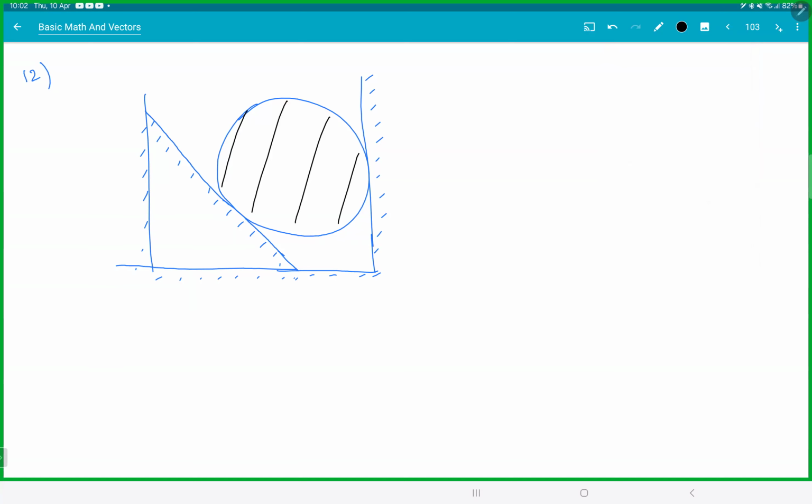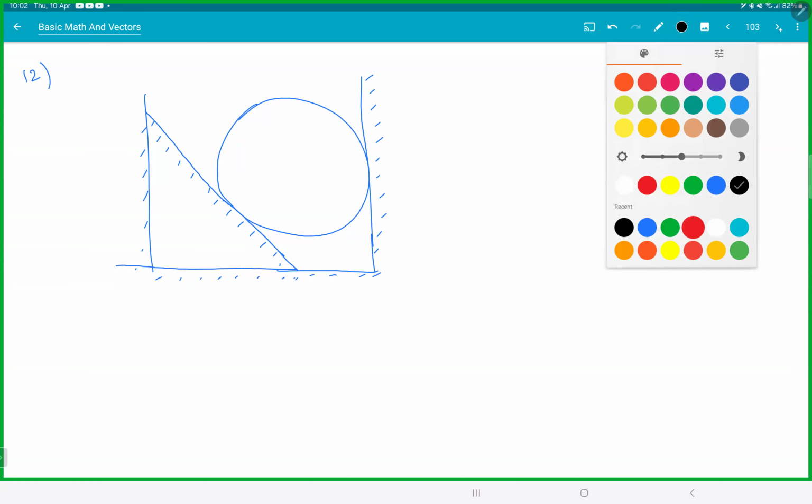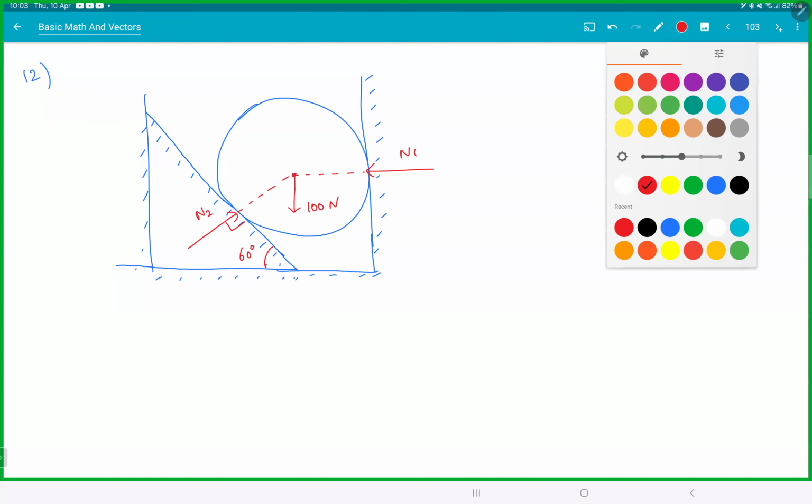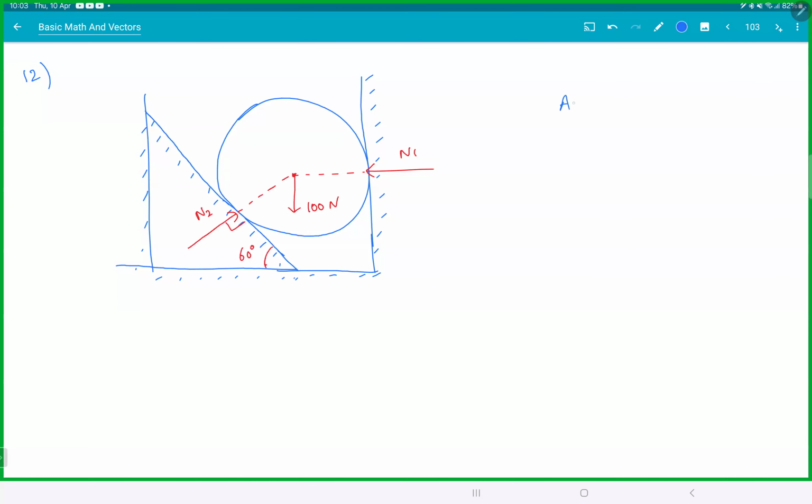So this ball here got stuck between these two things. This wall is pushing with, let's say, N1. And this incline is pushing with N2. This is 90 degrees. And let's say this angle is 60 degrees. And the weight of this thing is, let's say, 100 newtons. So a sphere is stuck between a wall and a wedge. Find N1, N2.